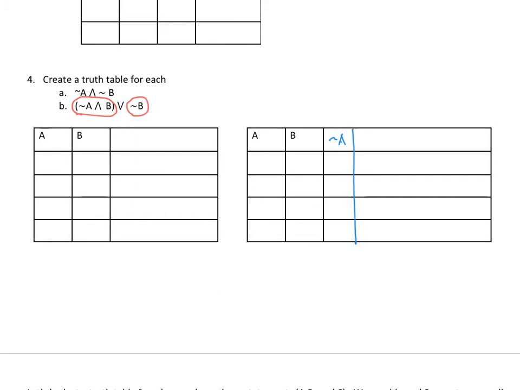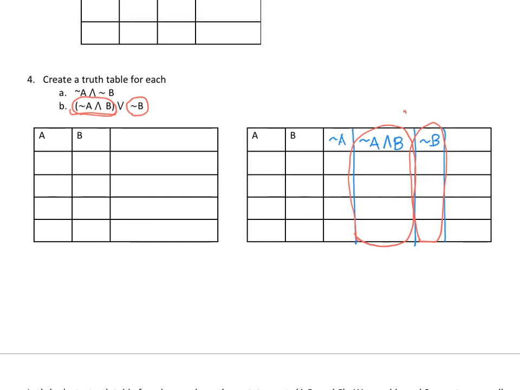So let's see. In order to create a column that has this in it, it's going to be slightly more work because it involves negation of A and it involves B. So here I'm going to make a column with negation of A and B. And then I'm going to look at the column that has negation of B. So basically I want to look at this column and this column, and it's basically or, right?